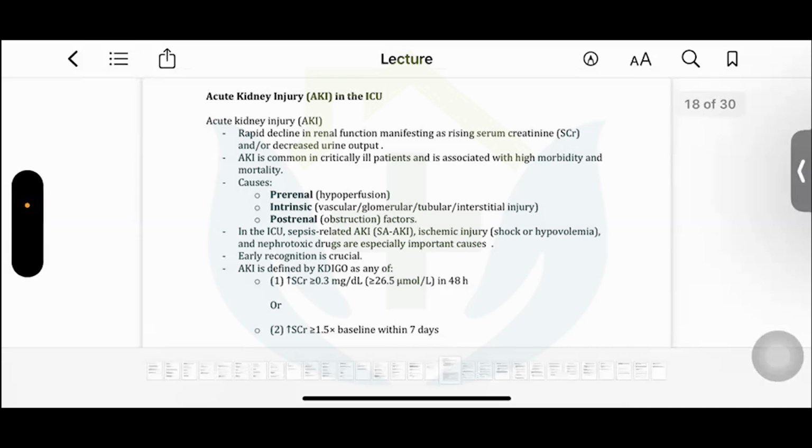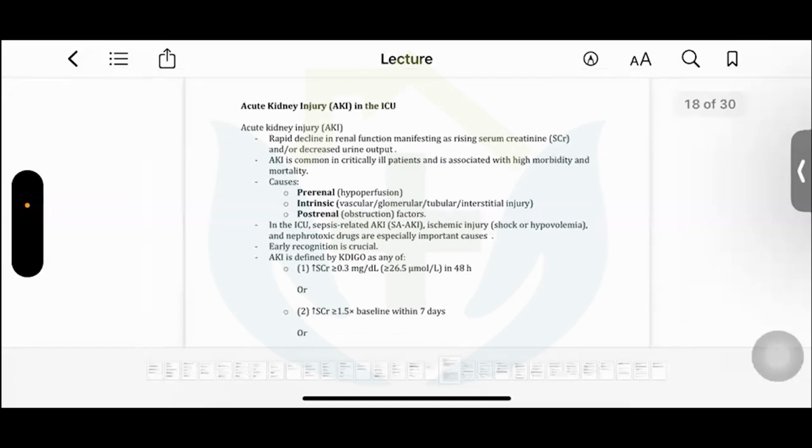Now, if you read the best journals, you will come to know that it is one of the dictums of critical care medicine that if you do not find any reason for acute renal shutdown in ICU, look for sepsis somewhere. Okay.